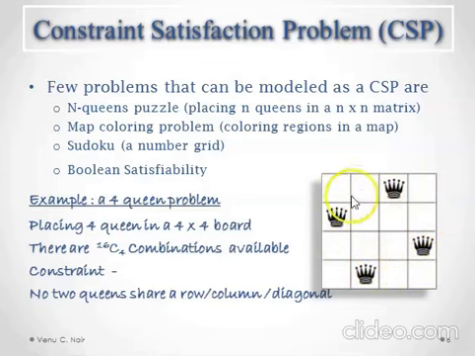So we have to place the queens in such a manner that none of them are under threat from others. Solving such problems comes under this CSP, because we are having some constraints for finding the goal position.